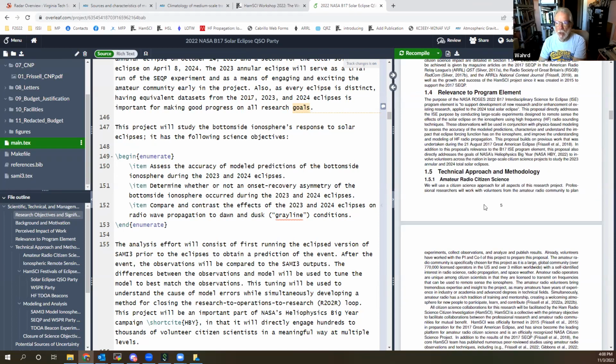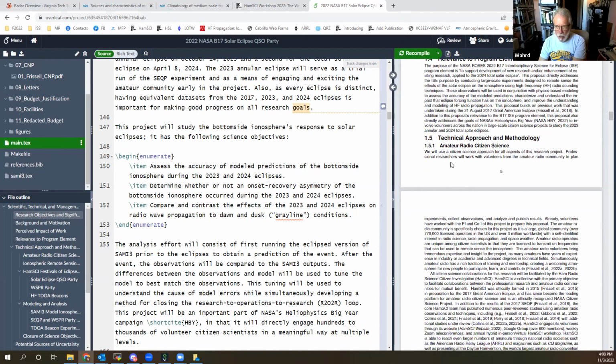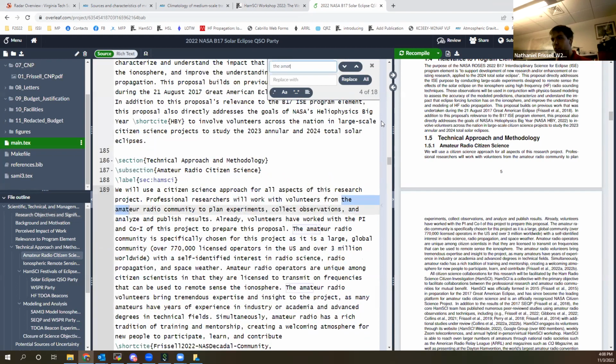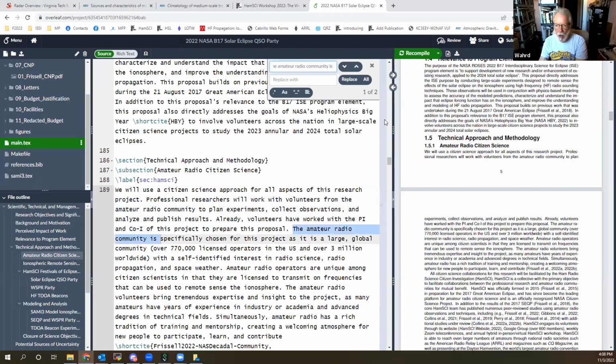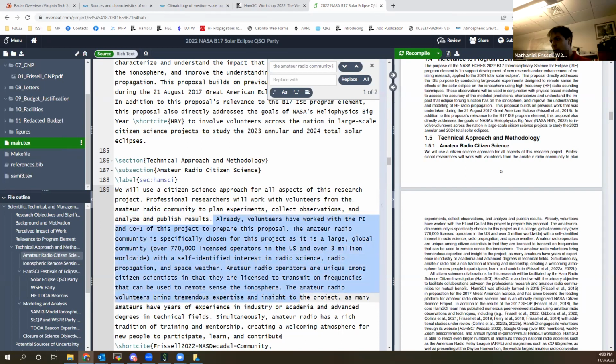I'm going to move my viewing thing out here, where it starts. The amateur radio community is specifically chosen for this project. The amateur radio community, through the end of the paragraph, and I would move that into background.